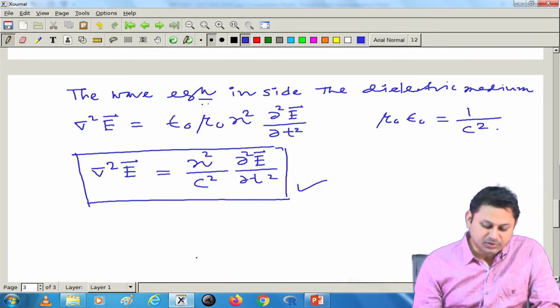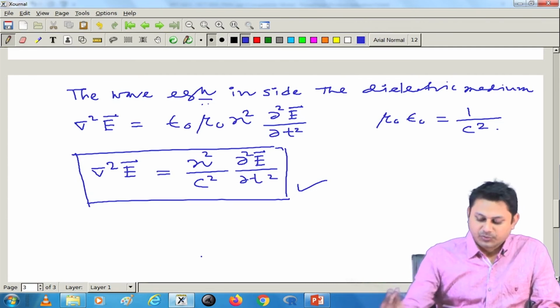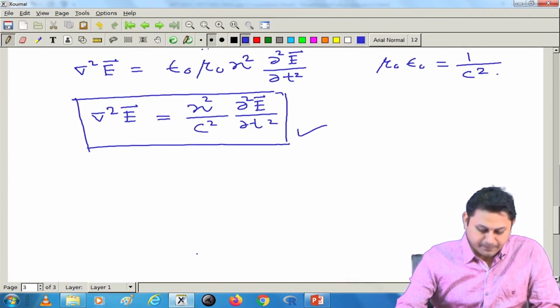So, this equation will be simply grad square E is equal to 1 by c square d2E dt square, but here since the refractive index is there, because the medium is going to give some kind of resistance to the propagating wave in terms of refractive index, the information of the refractive index should be here in the equation.